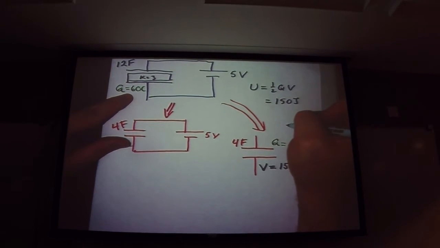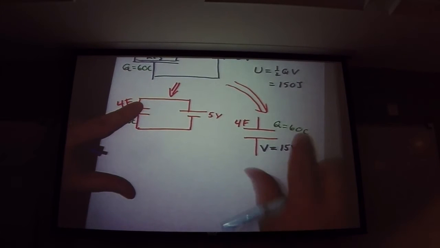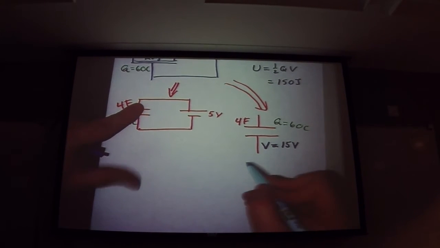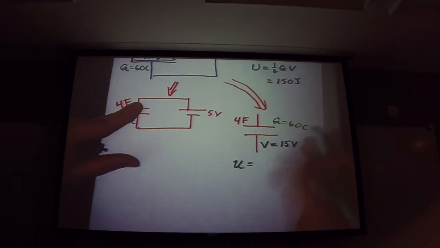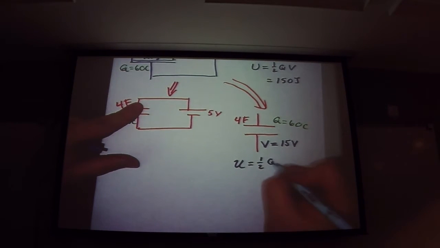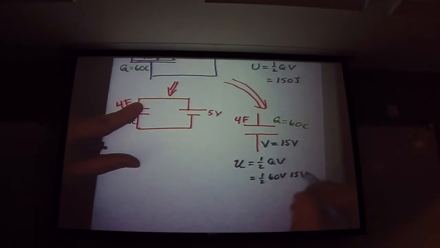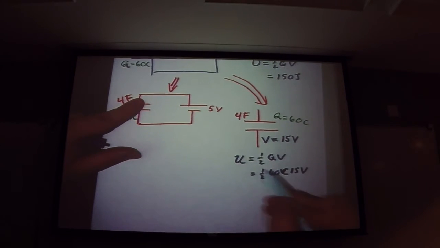Well, in this case, my energy is 1/2 QV again, but now the Q is the same and the V is 15 volts. And so this now is 450 joules.